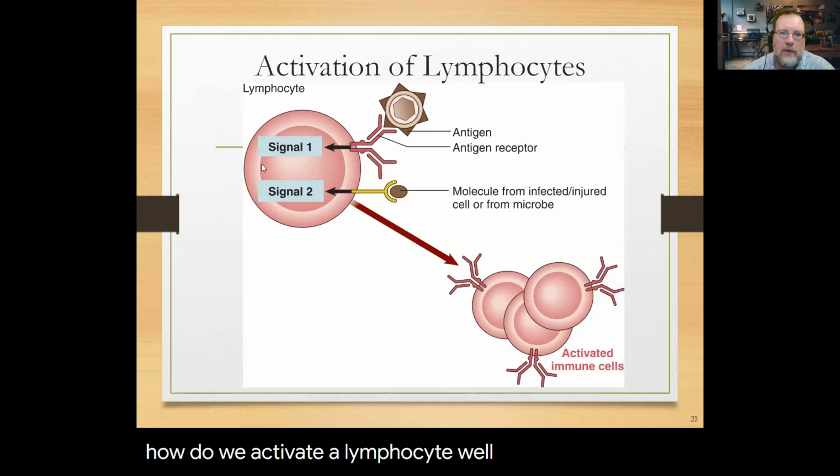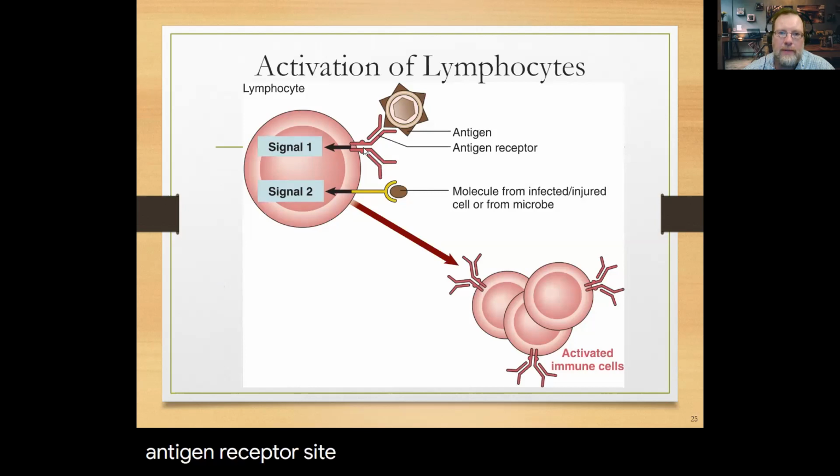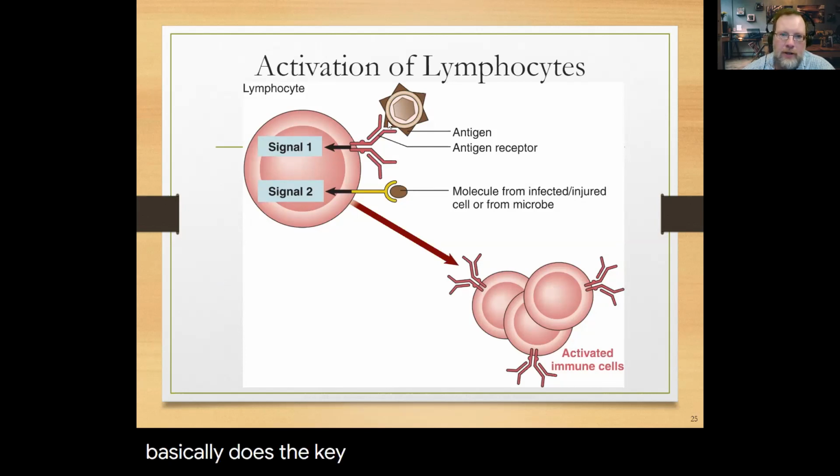Okay, how do we activate a lymphocyte? Well, these lymphocytes or white blood cells are going to have a little antigen receptor site. Remember, an antigen is a surface marker. So some sort of microbe comes in, and the antigen receptor is going to read the code, basically, does the key fit into the lock?